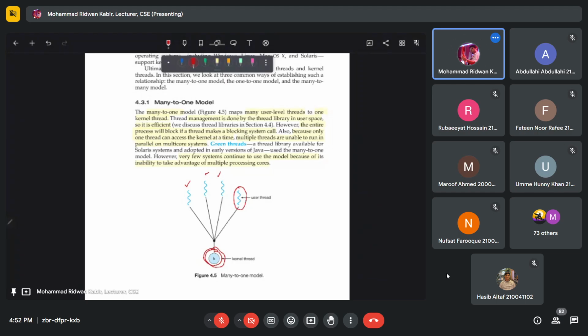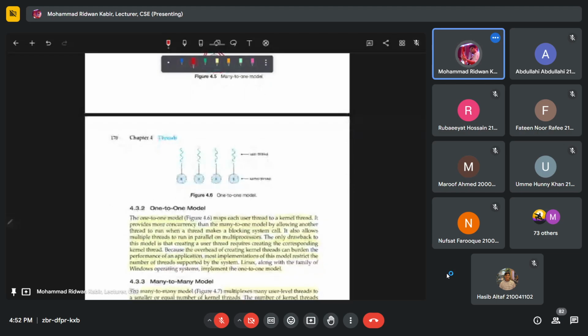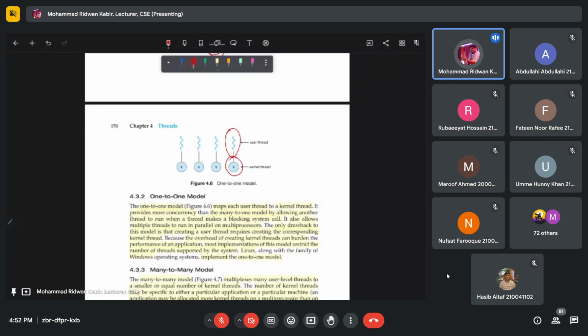Okay. To improve this scenario, we come to the one-to-one model, where whenever you have a user thread, you have a corresponding kernel thread. So it maps each user thread with a kernel thread, and it provides more concurrency compared to the many-to-one model.